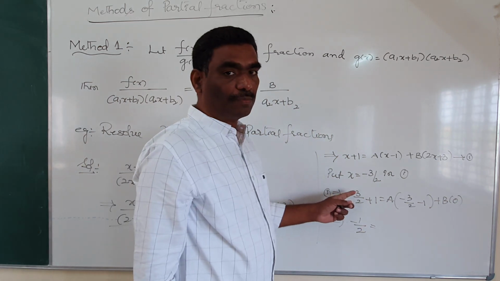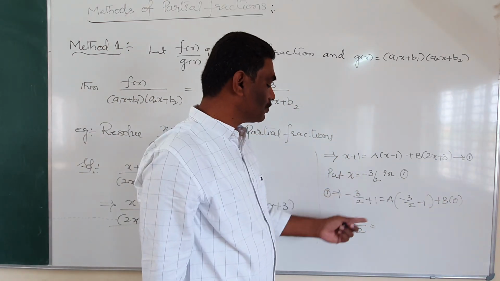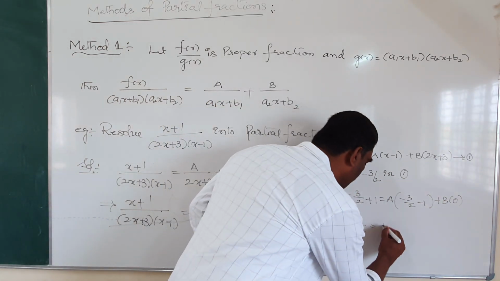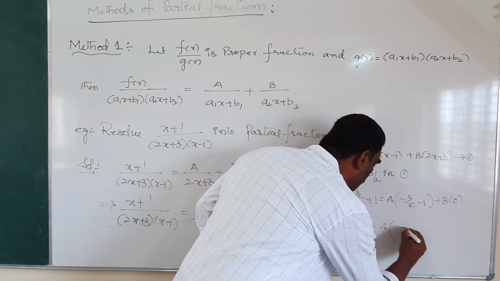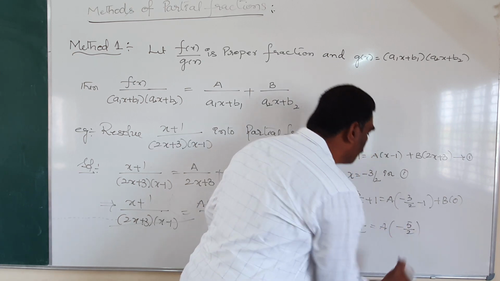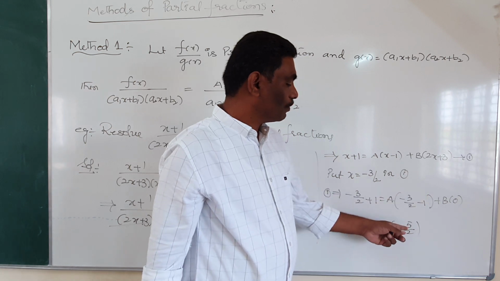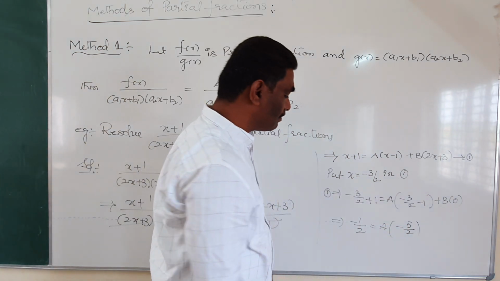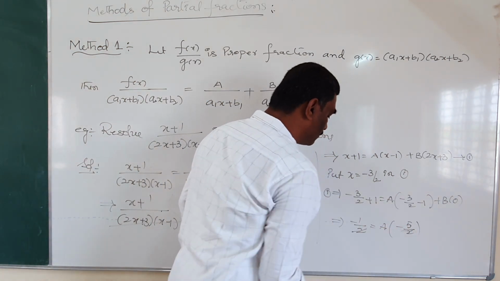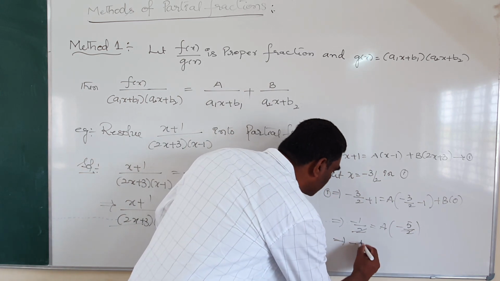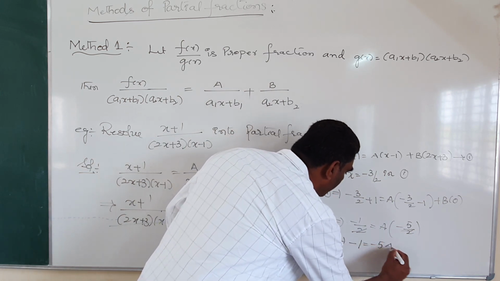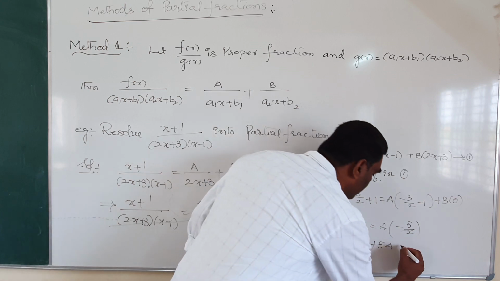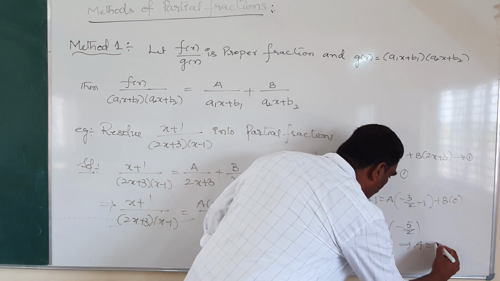After getting the LCM, the numerator is −3 + 2 = −1. That is A(−5/2). (−3 − 2)/2 means −5/2. We can cancel 2. That implies −1 = −5A. The minus signs will be cancelled. That implies A = 1/5.